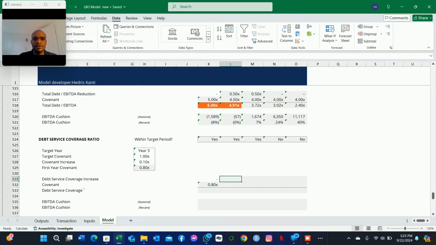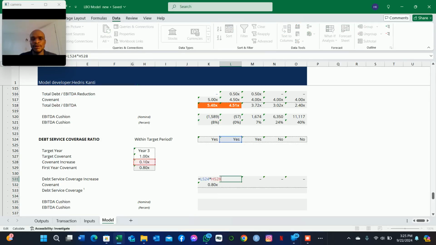Going forward, the covenant reduction is that we take whatever we have here as a 1 and multiply it by the covenant increase, so that by the end of year 3, we should be within the covenant of 1 times EBITDA. So EBITDA should be able to cover at least the principal and interest, at least 1 times. We can copy this out, paste as formulas.